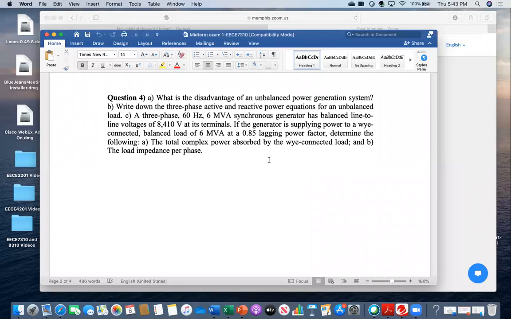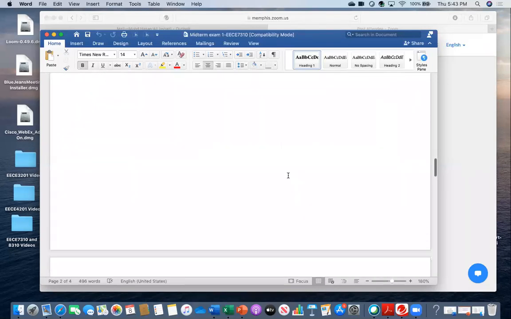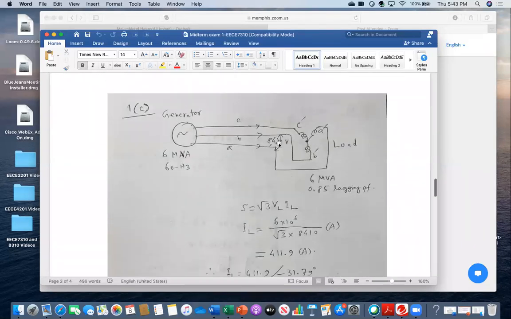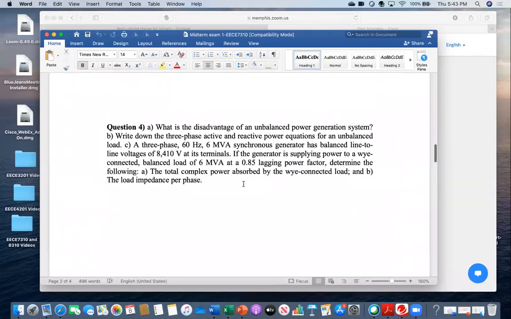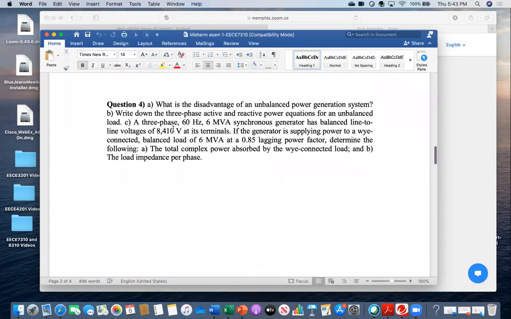So and then for this problem, you see, always I draw a brief schematic. This is the generator side, and this is the load side. Just at a glance, look at the problem. A three-phase 60 Hz 6 MVA synchronous generator has balanced line-to-line voltages of 8410 volt at its terminals.